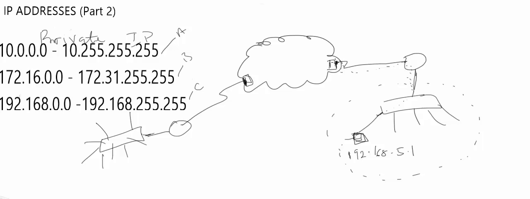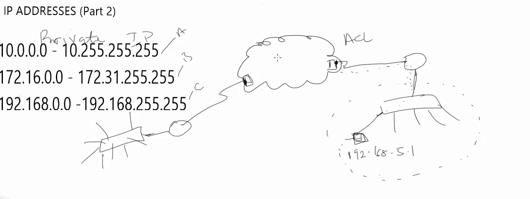Once it gets to the ISP, it puts what we call an ACL and checks the source IP address, 192.168.5.1. Out, out. You are not allowed to pass. I'm going to drop this packet.